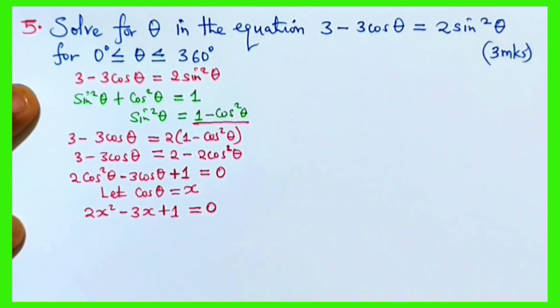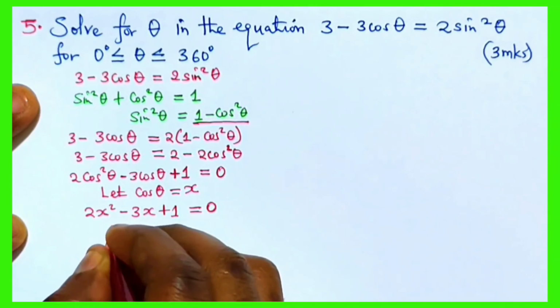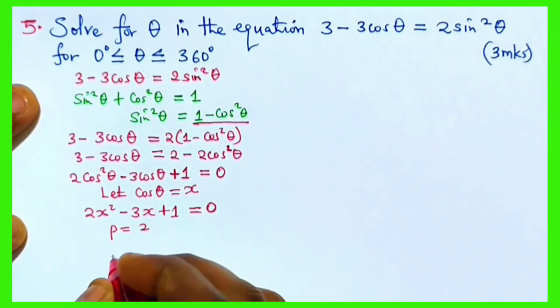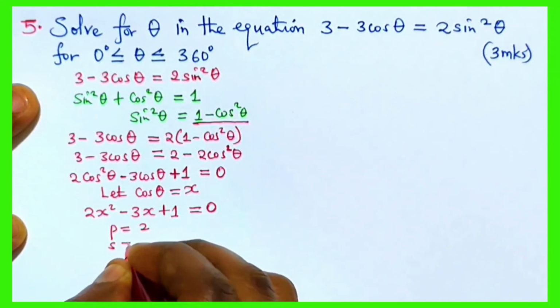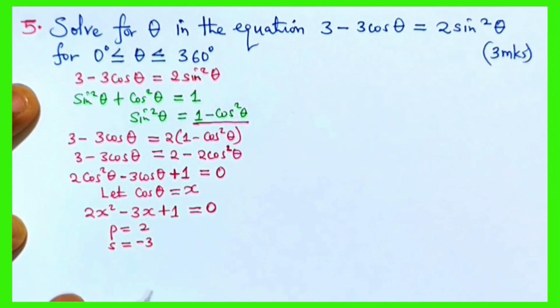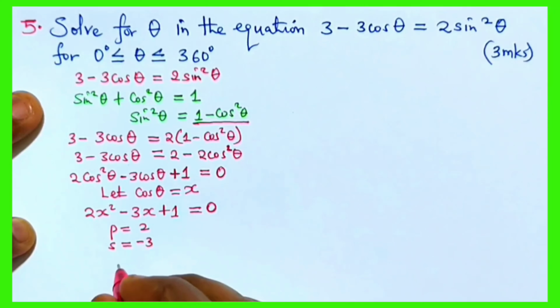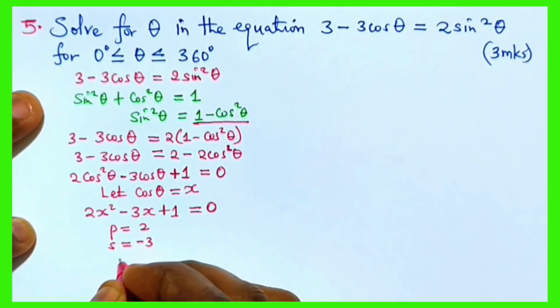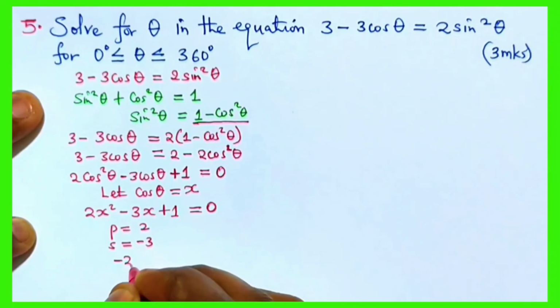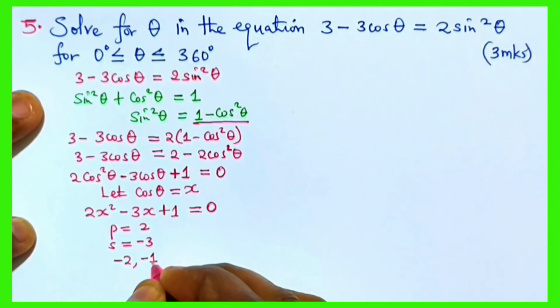And in this quadratic equation, the product will be equal to 2, and then the sum will be equal to negative 3. And therefore, when you consider the factors there, we are going to have the number negative 2 and negative 1.